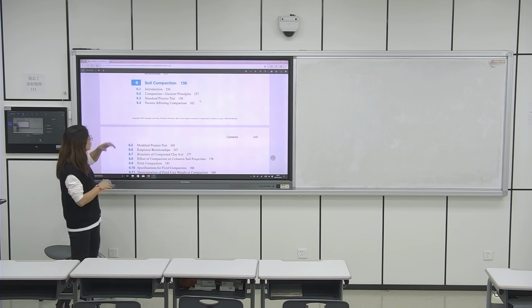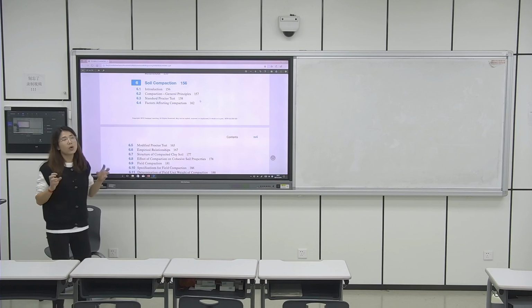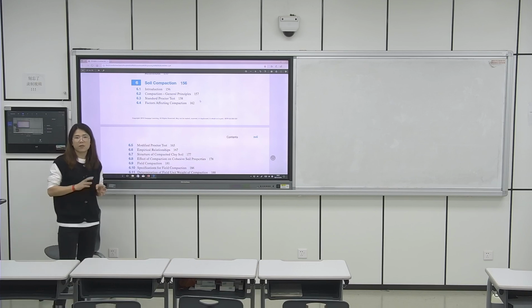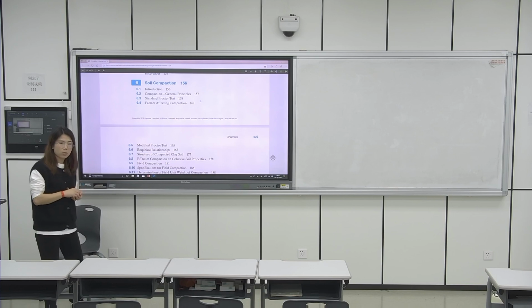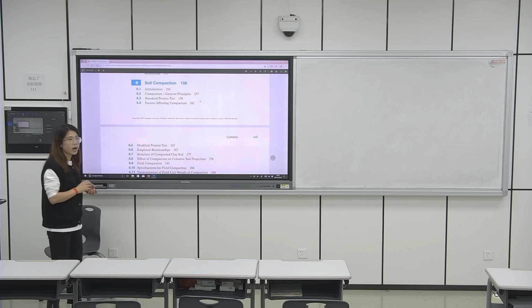To conduct it, you make soil at different water contents and do the compaction test, and you get 4 or 5 points distributed on two sides of the optimum state, right? And then you get the curve. The peak point is the optimum state of the soil, defining the optimum water content and maximum dry density, right?